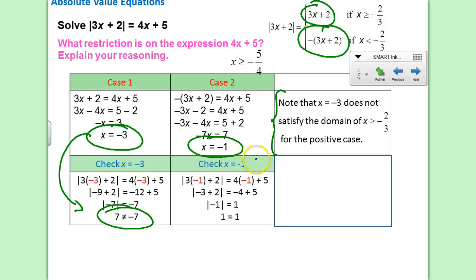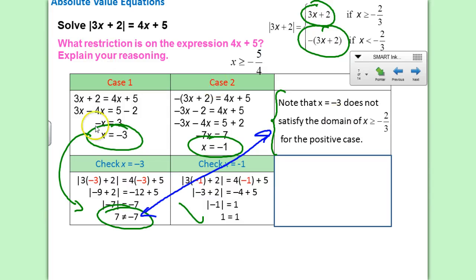If you check x equals minus 1, you'll find that it does work. Why that answer works has to do with understanding the fact that x equals minus 3 never had a chance of working. Even before you checked it, you knew it wasn't going to work. So we'll talk about that more tomorrow, okay?